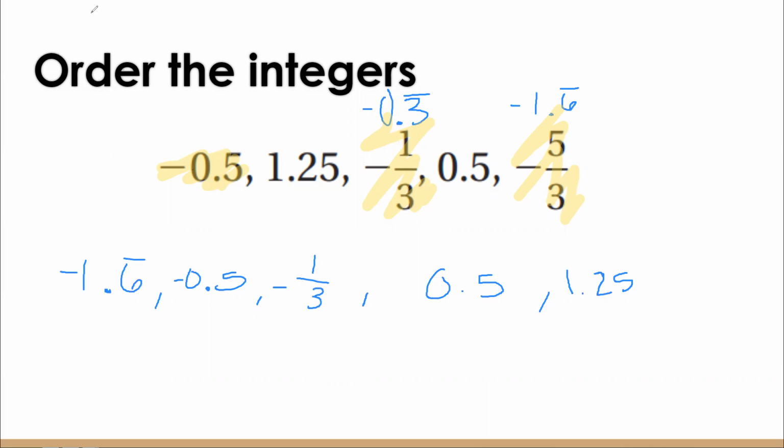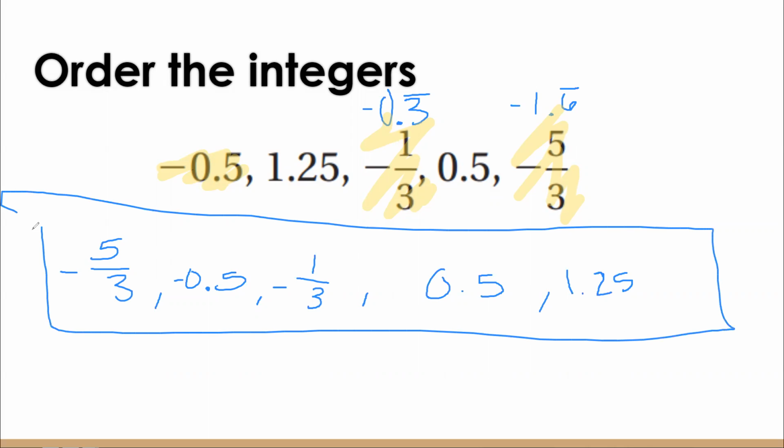And then for my negative 1.6 repeating, I should be writing negative 5 over 3. Now that I'm back to using my original numbers, I can quickly double check myself because all my negative numbers are on the left, all my positive numbers are on the right, and that's going to be my final answer.